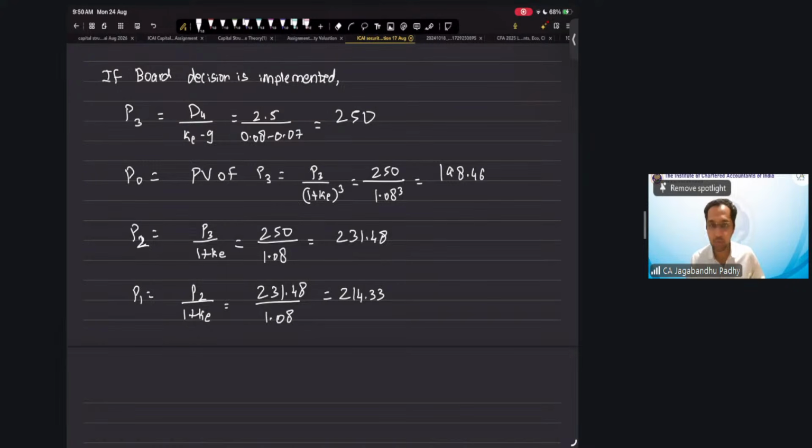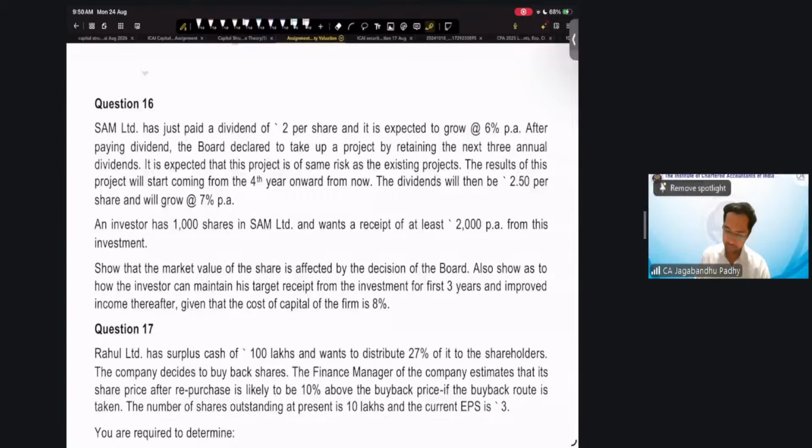Okay, 214.33. Fine. Now, the question says that we have an investor who is holding 1,000 shares and he wants a receipt of at least 2,000 per annum.